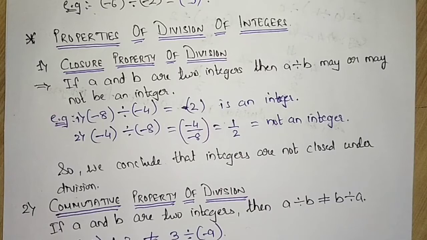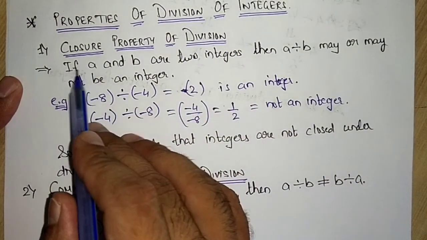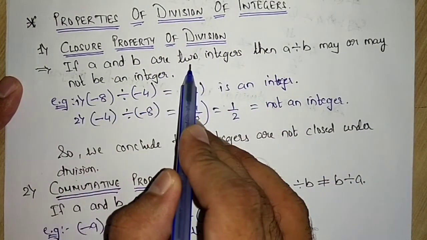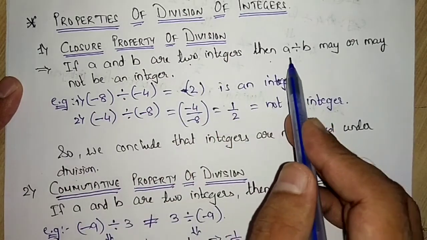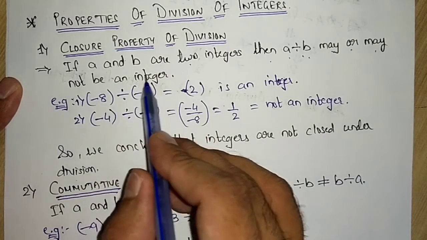Closure property, you know students, if you divide integers in any order, you must get the resulting answer as an integer. Then only we can say that it is closed under division. Closure property of division: if a and b are two integers, then a divided by b may or may not be an integer.